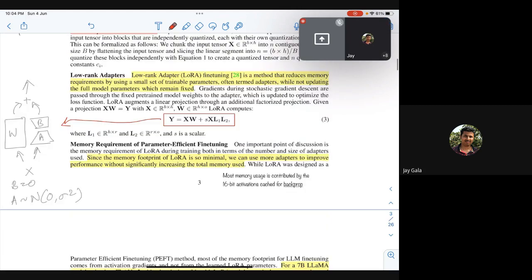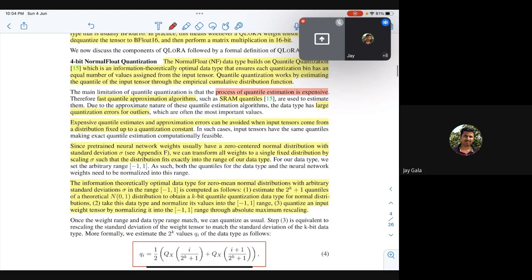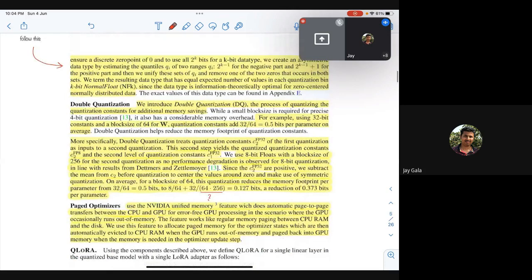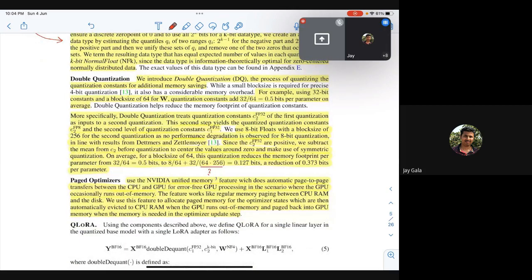So in this case also the authors do the same, but they apply another round of quantization. They term it C2 FP32, and this acts as an input to the second quantization. The second step yields a quantization constant, and that is known as C1 FP32 in this case.